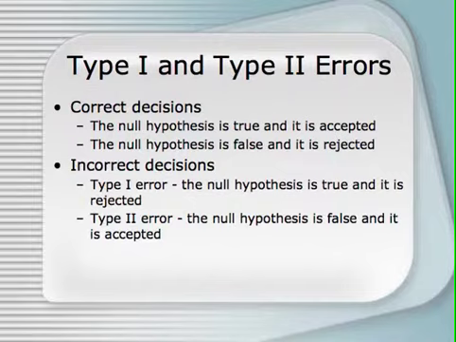So for example, there is no difference between the mean scores of the two groups, but you reject it. A type 2 error is when you accept a null hypothesis when it is false. So there is a relationship or difference between the mean scores of the groups, but you're saying there is no difference, right?